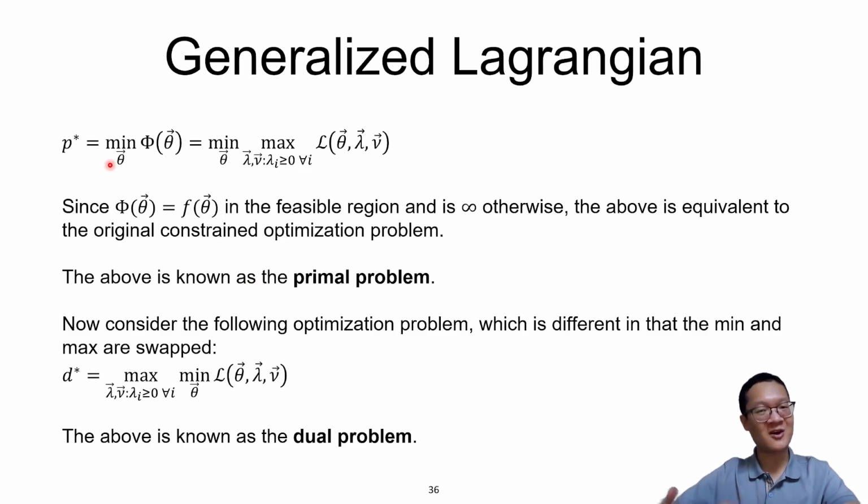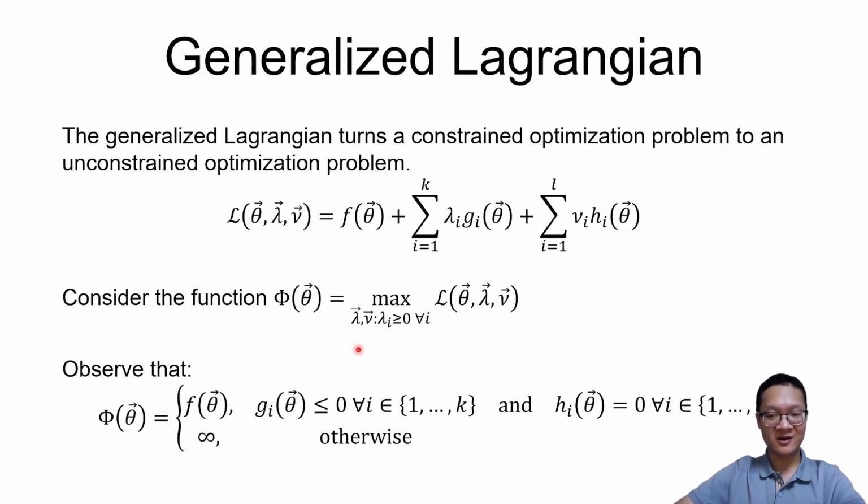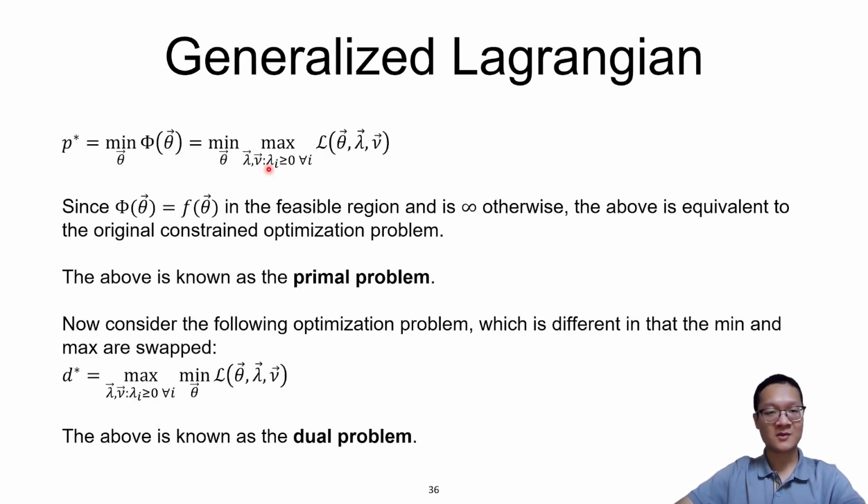This is just compacting the notation a little bit. And then we can also write down what phi of theta is. It is defined on this slide to be max over lambda and nu, where all the lambda components are non-negative, of this generalized Lagrangian L. Okay, so this is how we can write down the optimal solution to our optimization problem.